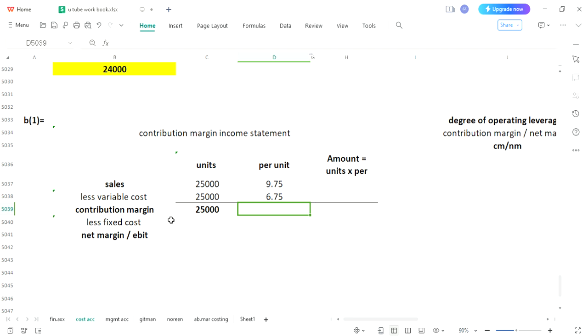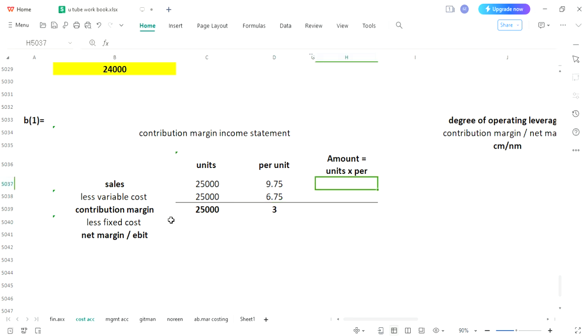Because contribution margin is the difference between sale price and variable cost. Per unit sale and variable cost are given, so we calculate contribution margin by taking the difference. We write per unit sale price 9.75 and subtract per unit variable cost, which is 6.75. So we have got our contribution margin per unit.